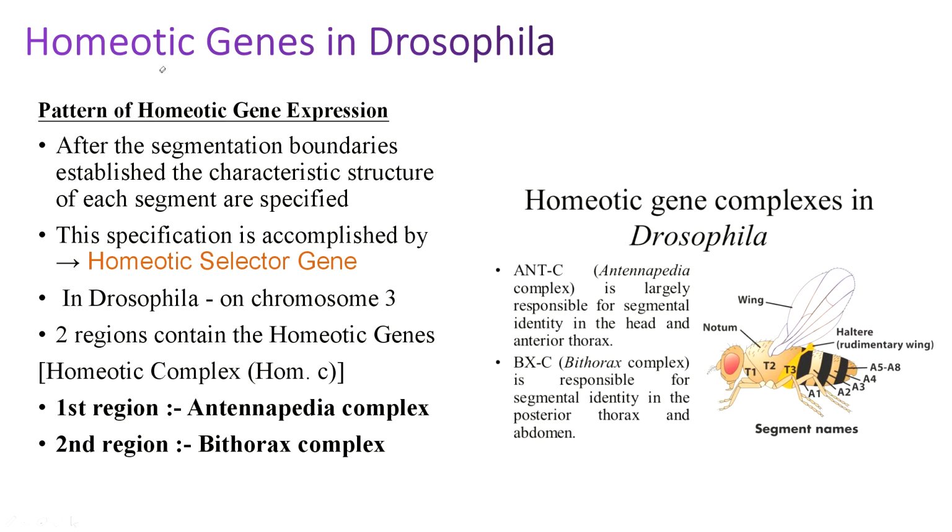Now we are studying the development of Drosophila. So chromosome number 3 is the location of the homeotic selector genes in Drosophila. Here the homeotic selector genes, a set of genes, are classified into 2 groups. These are located in 2 separate regions and together known as homeotic genes.